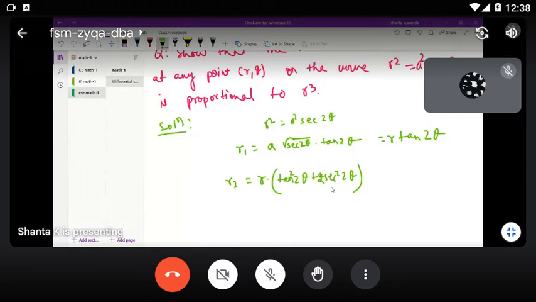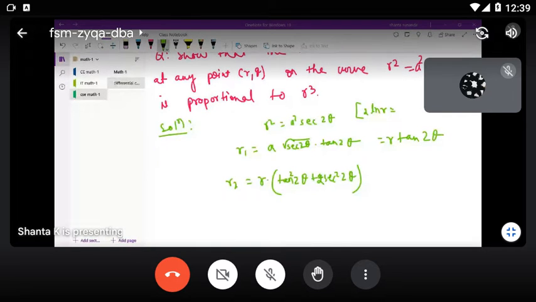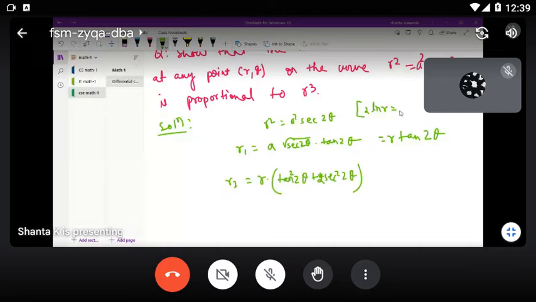Ma'am, 2, I think you will be getting. Okay, so here it's up to you. You can also write 2 in r. I'm only writing so that it will be a little easier. Okay, so this is how it is.